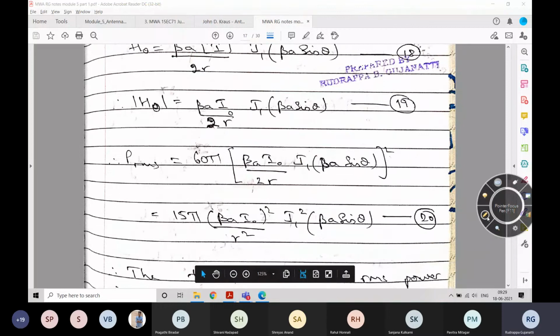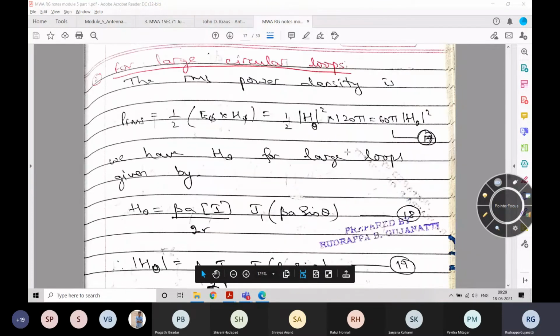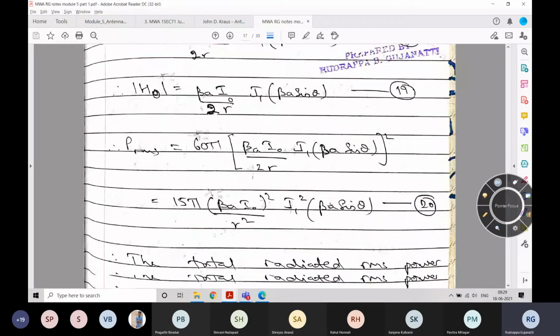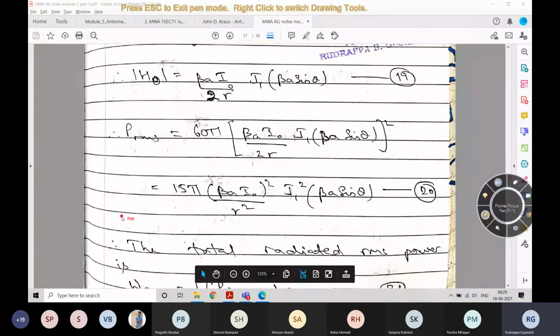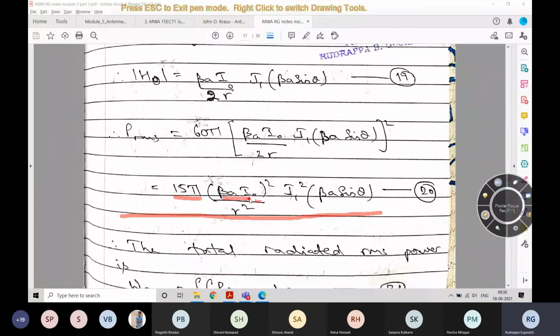Now when we substitute this parameter in the above equation, we end up with the average Poynting vector or the power density as 15 times pi into beta A into I naught, its square, divided by r square, into J1 square, that is the Bessel function of first order, its square, in which the parameter is beta A sine theta.